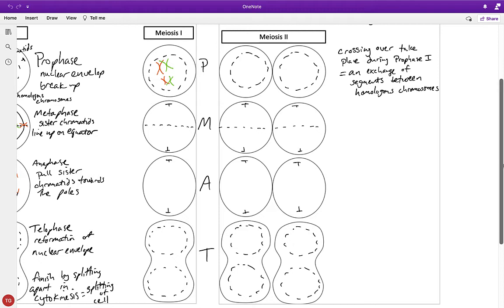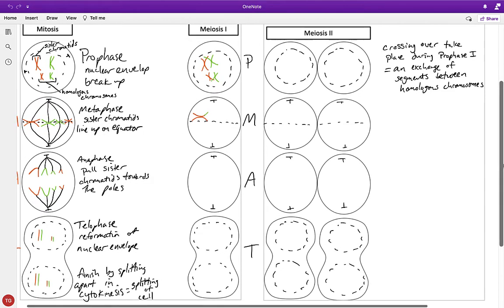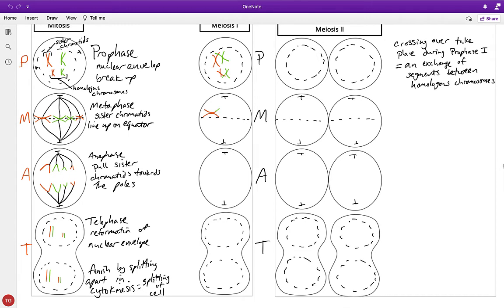So I'm going to start here with this large orange thing, and I put a little piece of green on it where that crossing over took place. Now you might already see the other weird thing that's happening. I'm not lined up with a sister chromatid on either side of the equator like we were when we were taking a look at mitosis.